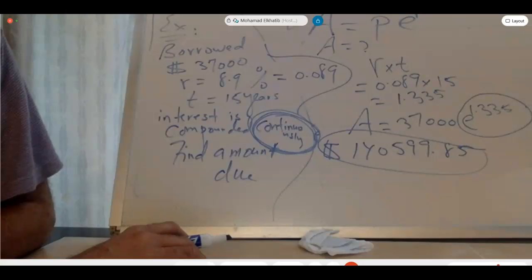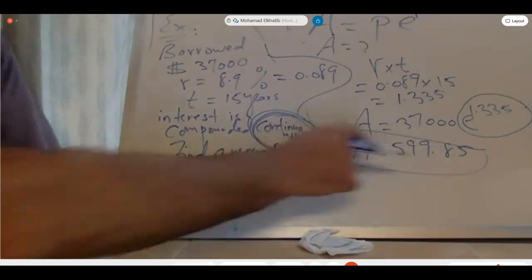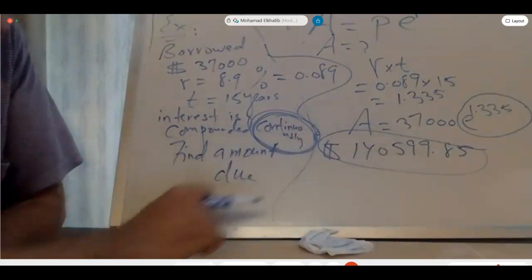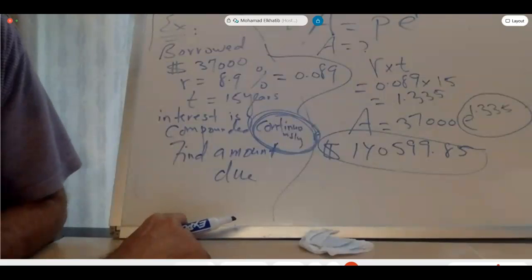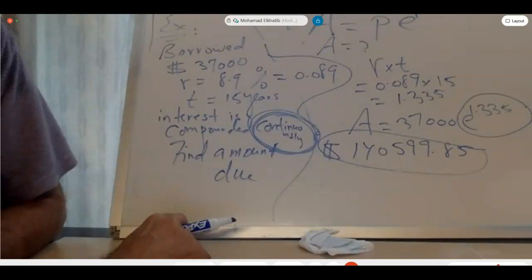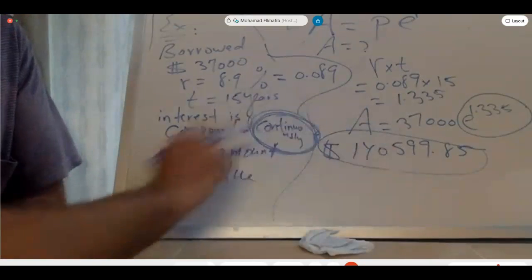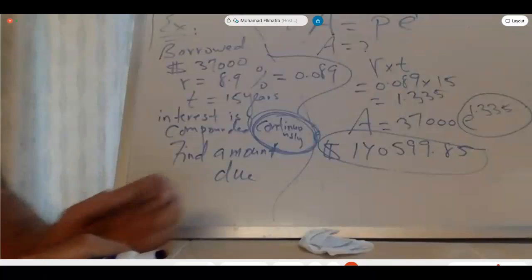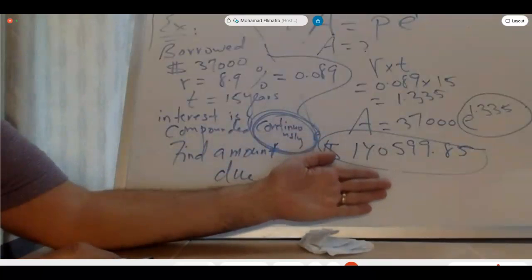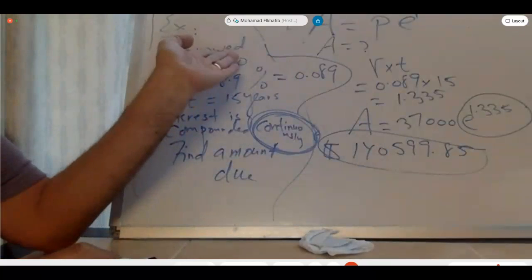And then to find the interest, we subtract. We subtract 37,000 from the 140,000. Because this is how much you owe the college, let's say. This is how much you borrowed.